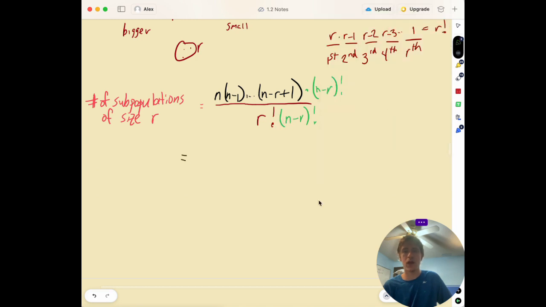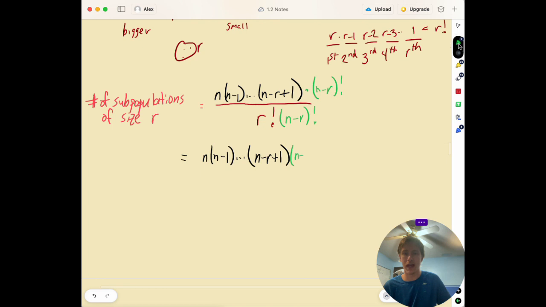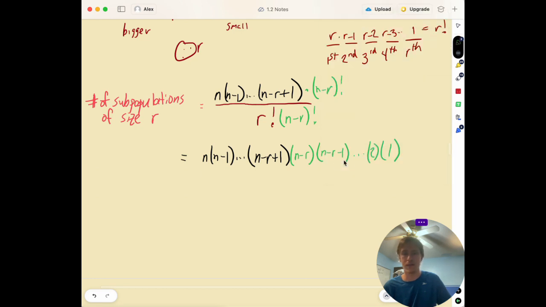So what does that do? I can just keep rewriting this, right? Because n times r factorial is n minus r times n minus r minus 1 all the way until times 2 times 1. And all of that is being divided by r factorial and n minus r factorial.